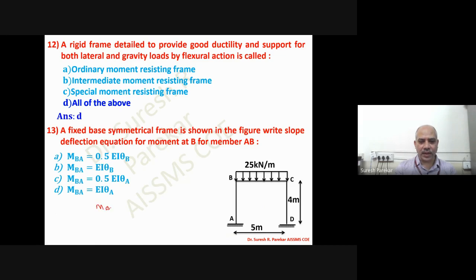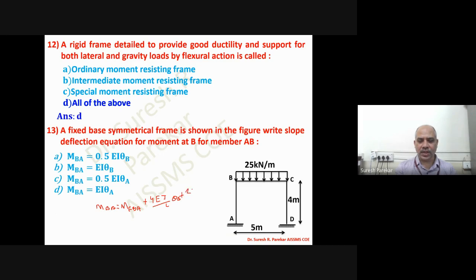If I write over here, we have MBA, which is equal to MFBA plus 4EI upon L theta A, and plus 2EI upon L theta B. As it is a non-sway frame, so delta will not be there.